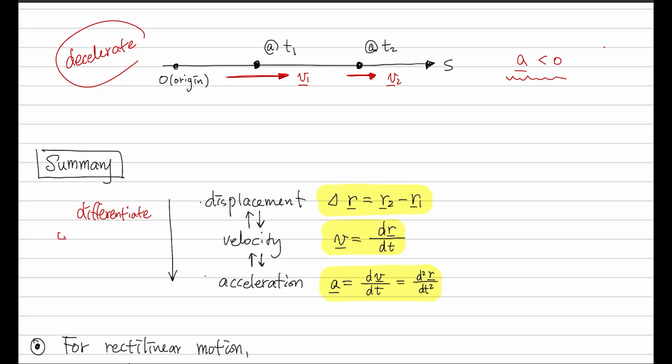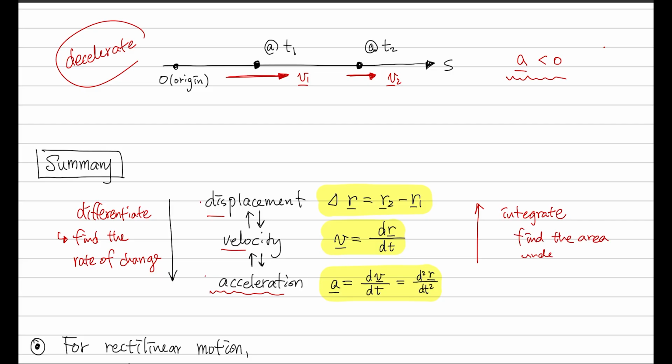In other words, you find the rate of change. Okay? And the opposite way, let's say you have acceleration and you want to find velocity and displacement as you go up, you're integrating, or you find the area under the time curve.